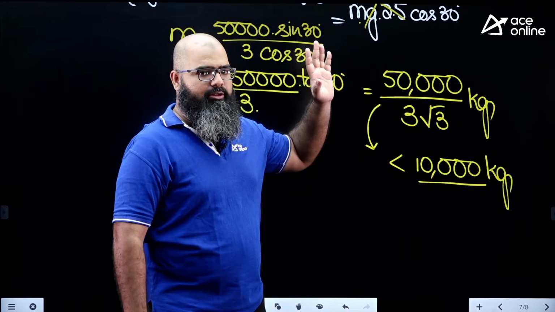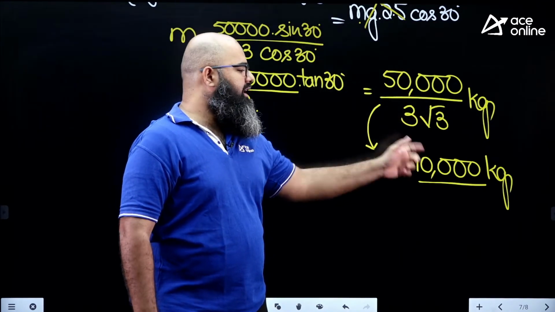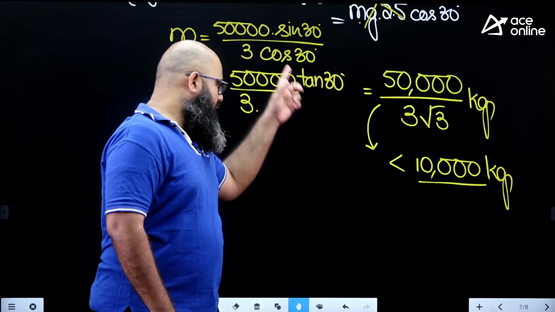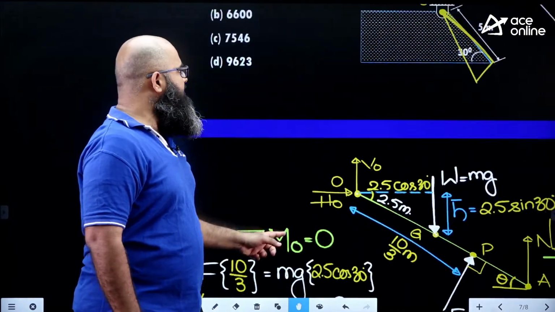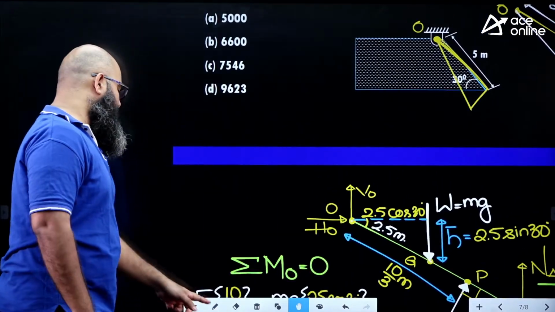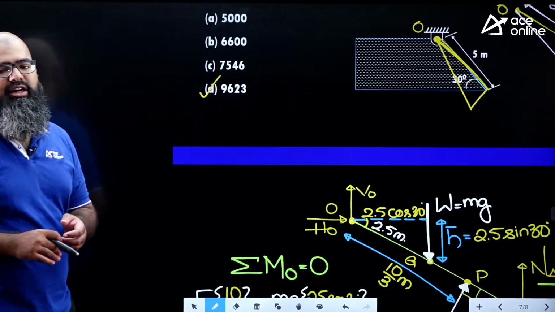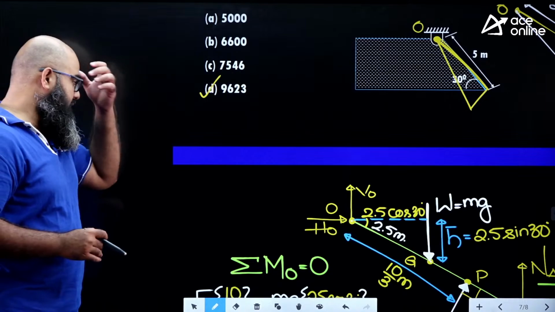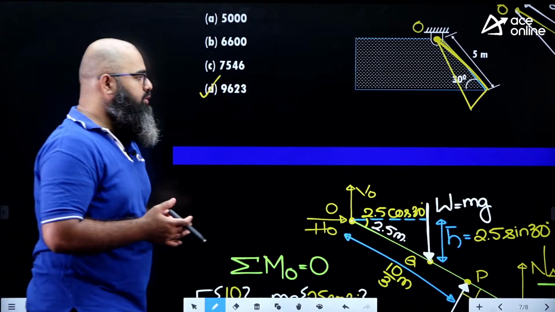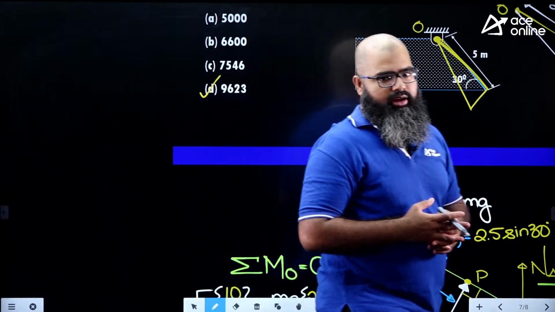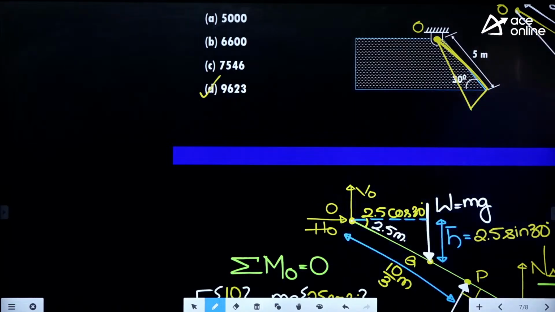Which option is slightly less than 10,000? The only option is 9,623. So the correct answer here is 9,623 kg. I hope this is clear to all of you.